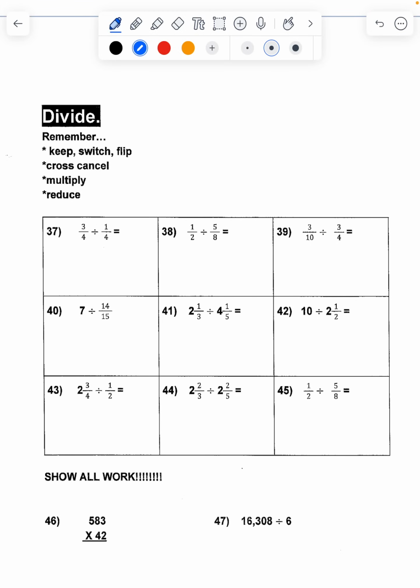Okay, let's review dividing with fractions. Remember, there's a little trick. We keep the first one the same, switch the sign to multiplication, and we flip that second fraction. So we keep, switch, flip, or multiply by the reciprocal.